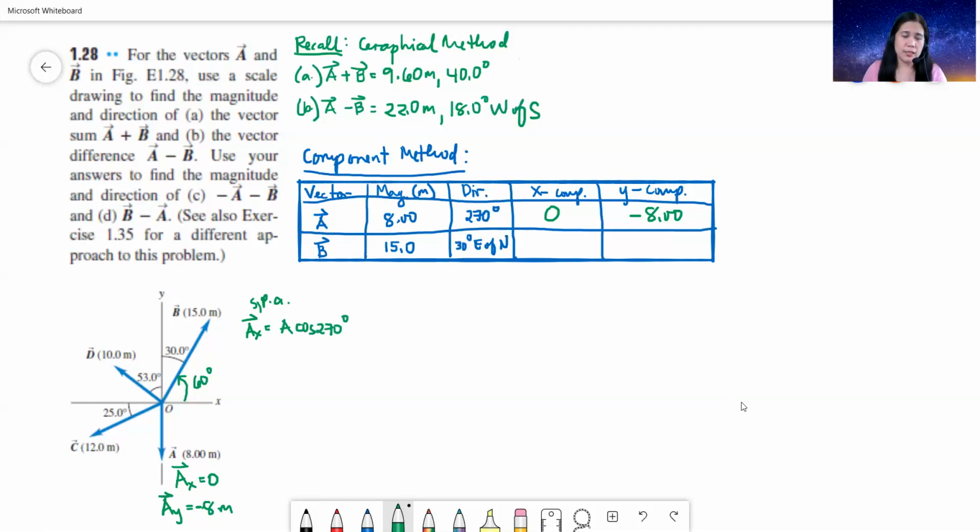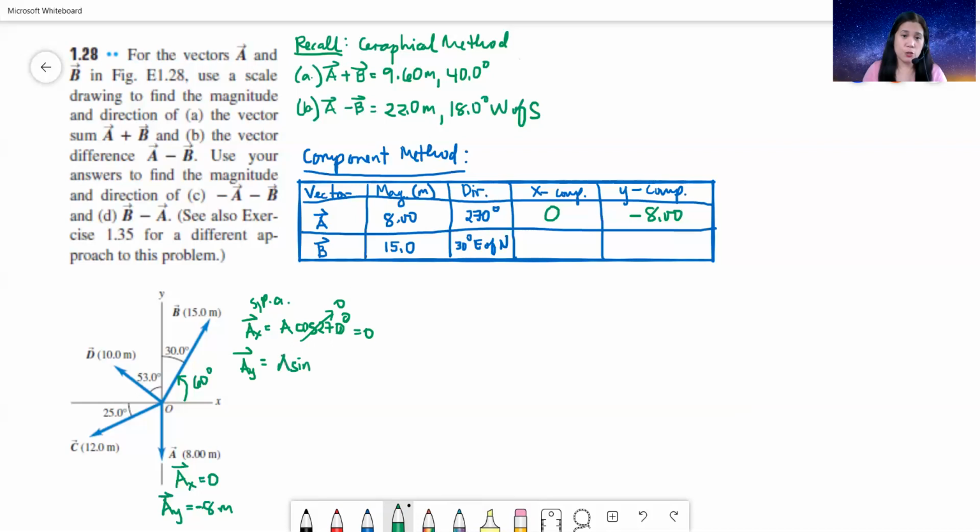Cosine of 270 is 0. Ayan. Kaya, si A sub x natin 0. And then, si A sub y, pag gumagamit ka ng standard position angle and looking for the y component, you always use the sine function.